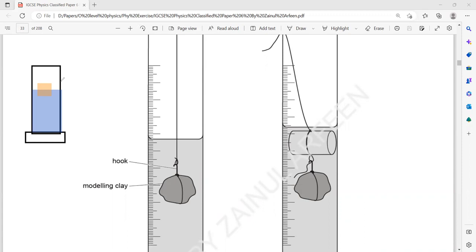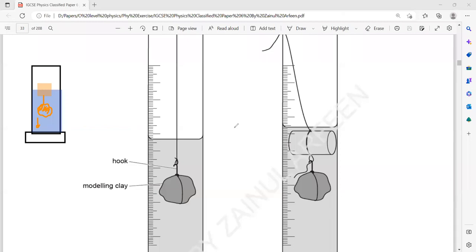So to completely submerge it, the student attached modeling clay to it. The clay will take this piece of wood inside the water. It will submerge so the accurate volume can be measured. Otherwise, if only the rod is placed, it won't be accurate because it's not completely submerged. So the purpose of the modeling clay is to sink the wooden rod.